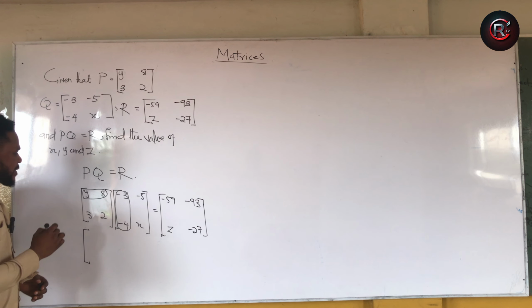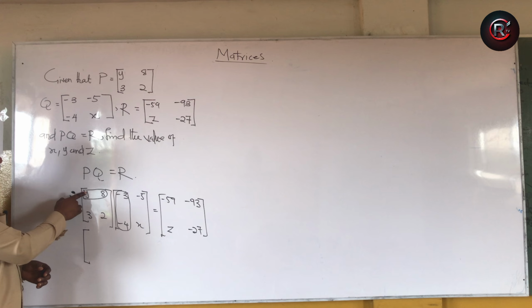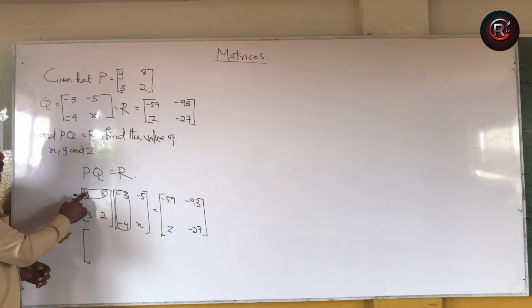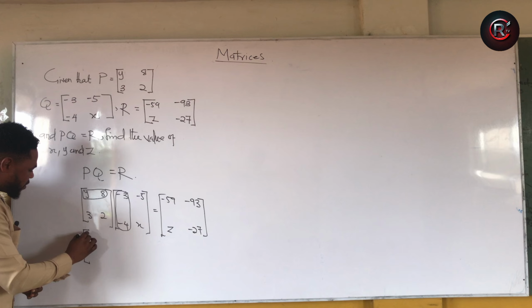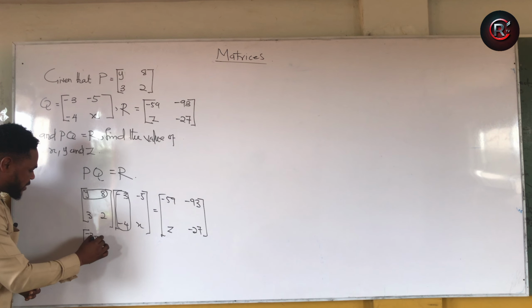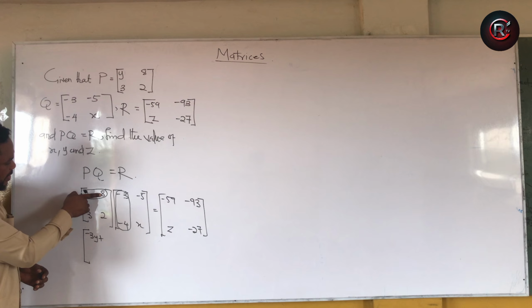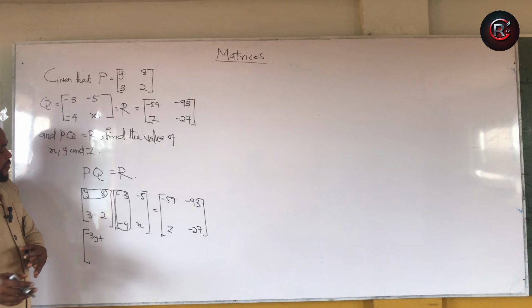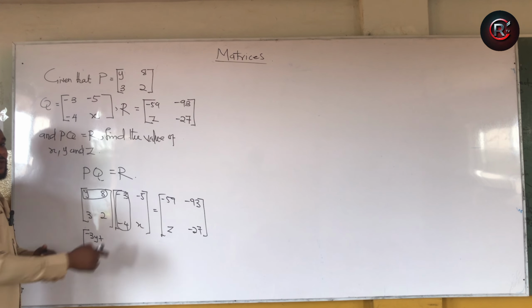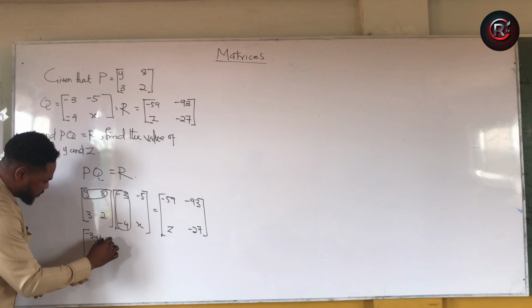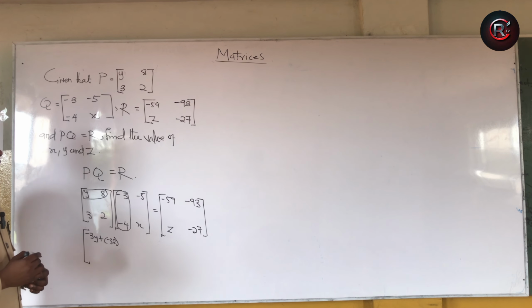So let's see how it works. We take our first element here. y times -3 will give us -3y. After that, you add, so plus 8 multiplied by -4, and that will give us -32. All right, nicely.